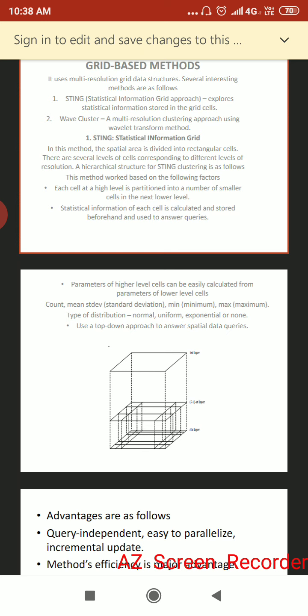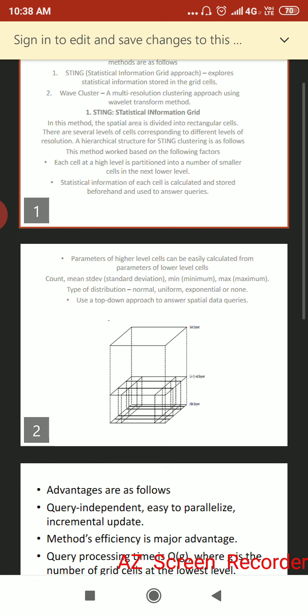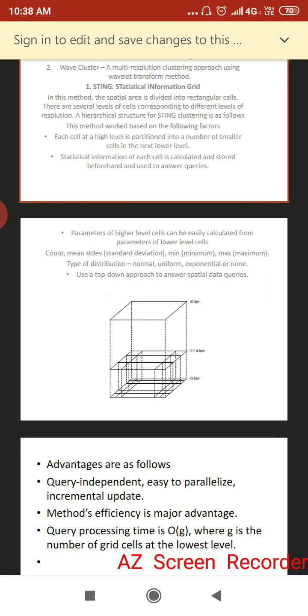Here it means we can store the sum of data and count of data, or minimum, maximum, and standard deviation. This type of statistical information can be stored in the grid cells. The next method is WaveCluster, which uses the wavelet transformation method. So the first one is the statistical information grid.